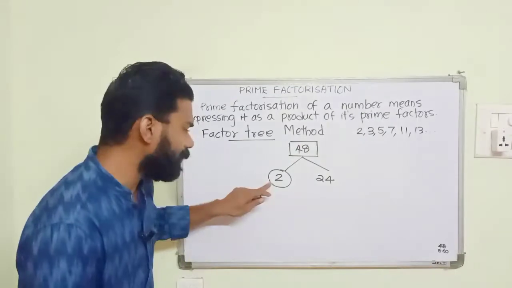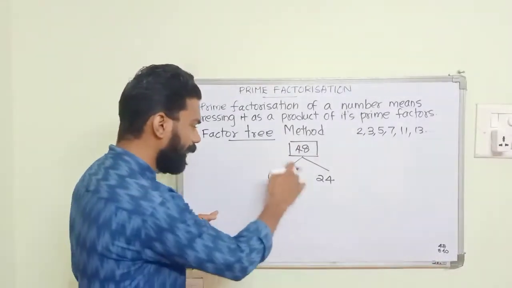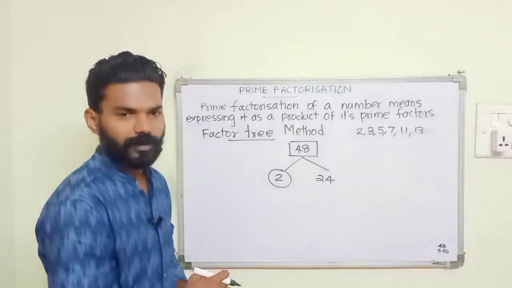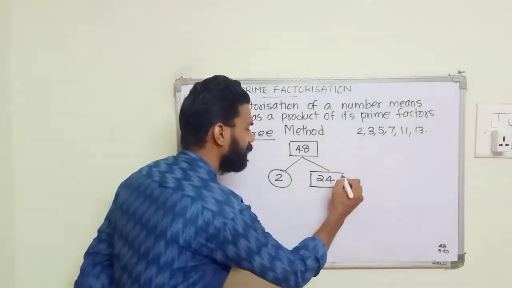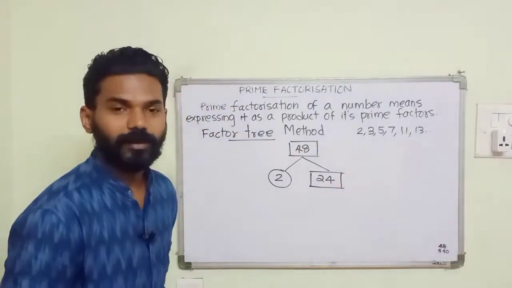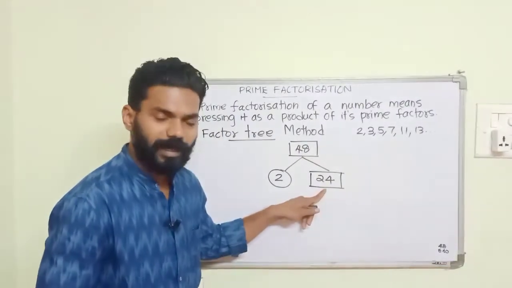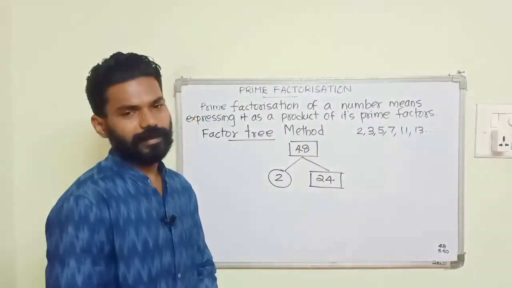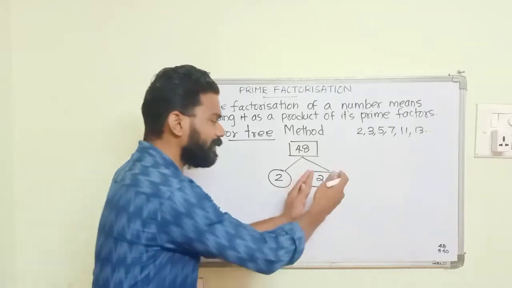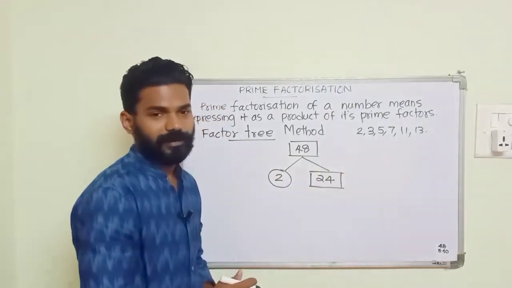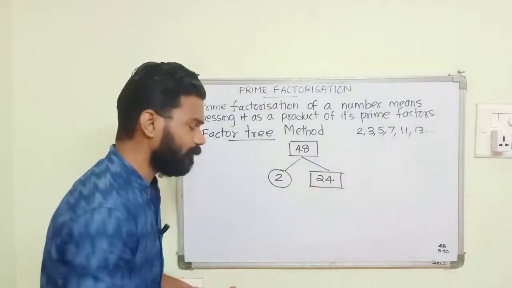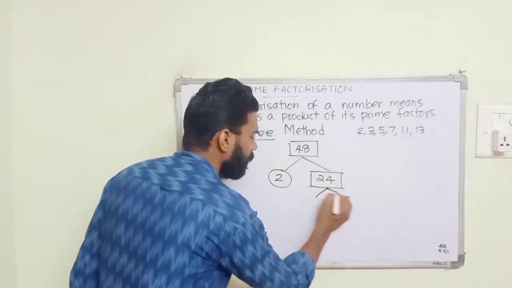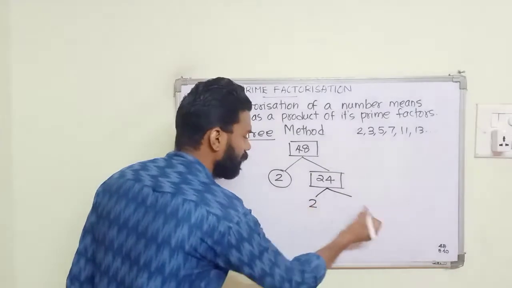So you can see 2 is a prime number, so I just rounded it. The next number in the factorization, 24, is a composite number, and that's why I put it in a rectangle. Now this has to be further factorized. Again, this is an even number, so it can be factorized as 2 into something.